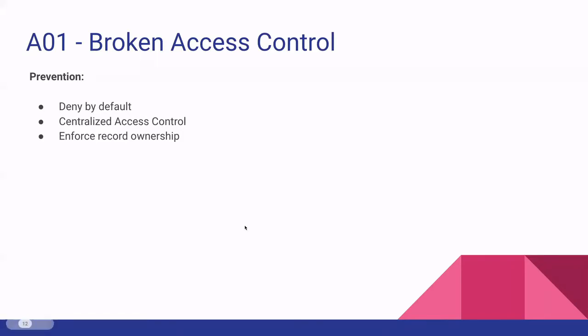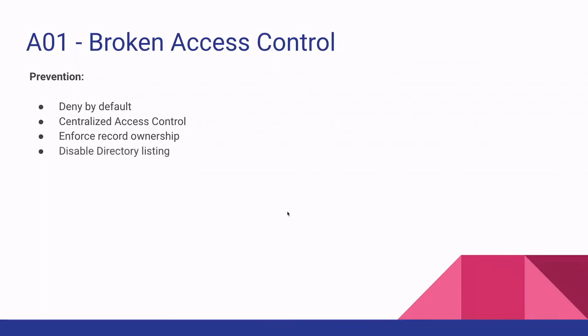If you have a centralized access control, it would be great, and any new features that you implement should go via that centralized access control. Similarly, enforce record ownership: if any particular data is requested, you need to check who the owner is, whether it is the user who is logged in or requesting it. Depending on that, you show the data.